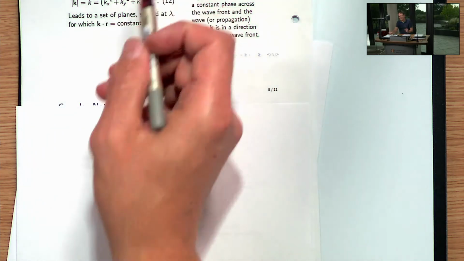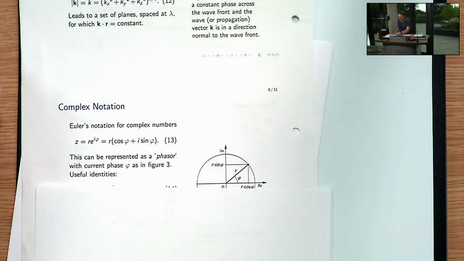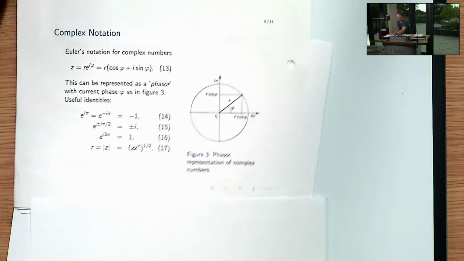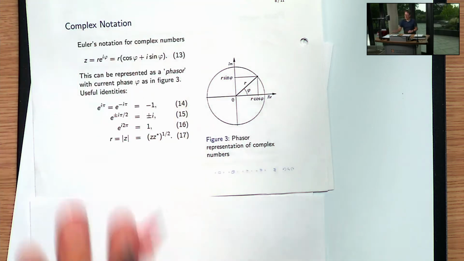Think about that statement, see whether you understand it when you look at this diagram. So that's why we need the dot product to get these planes. I will come back to this when we go to the other important wave, which are spherical waves.